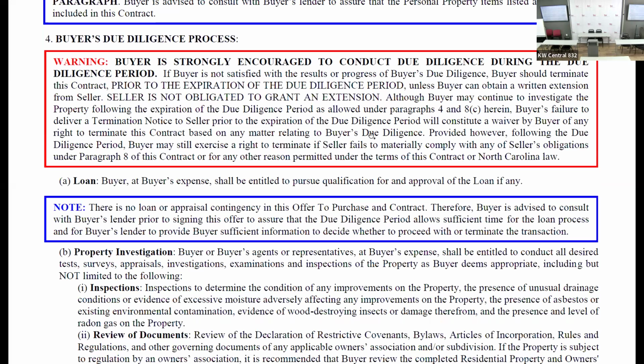Just a reminder, we talked about the due diligence fee: the only two times that a buyer gets the due diligence money back are breach or closing. And the breach must be proven in court.